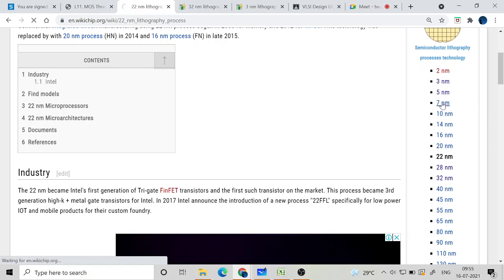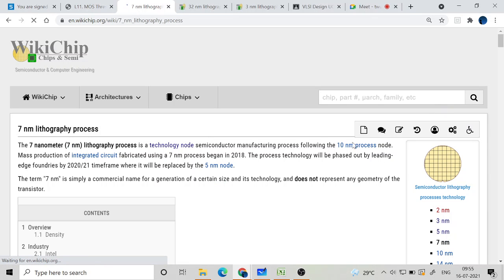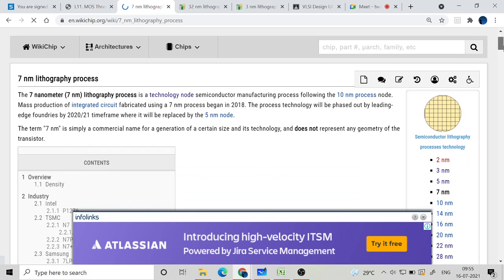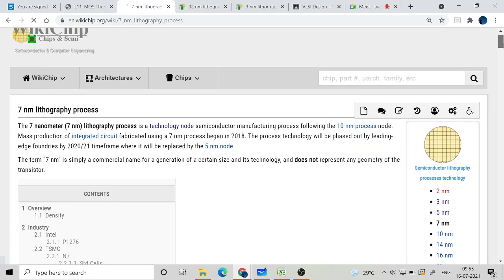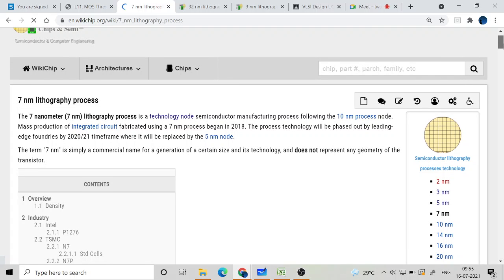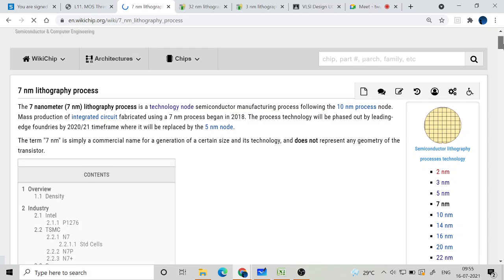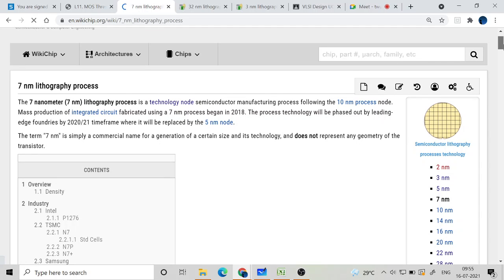Now if you look at the current mobile phones that you are holding in your hands, if you have purchased it in the last 1 year, then most likely the processor inside will have FinFET transistors, which have a minimum feature size of 7 nanometer.